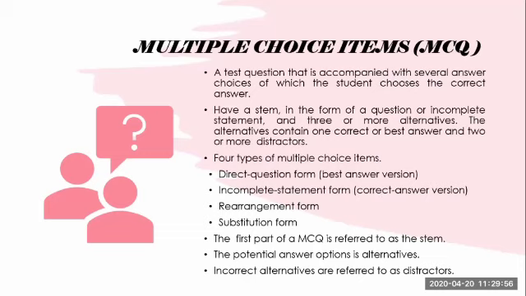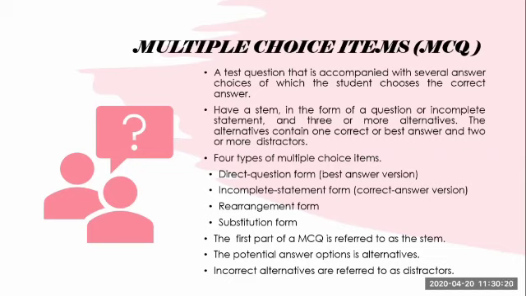Next slide is about multiple choice item or MCQ. This is about a test question that is accompanied with several answer choices, of which the student chooses the correct answer.